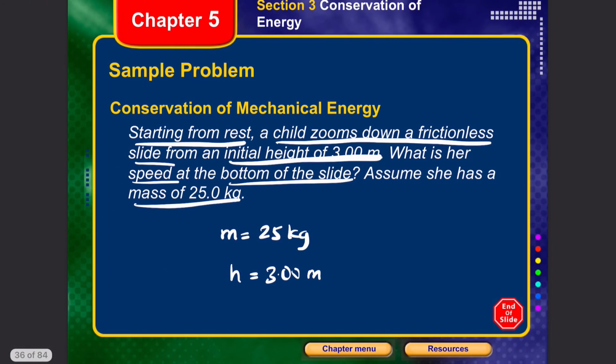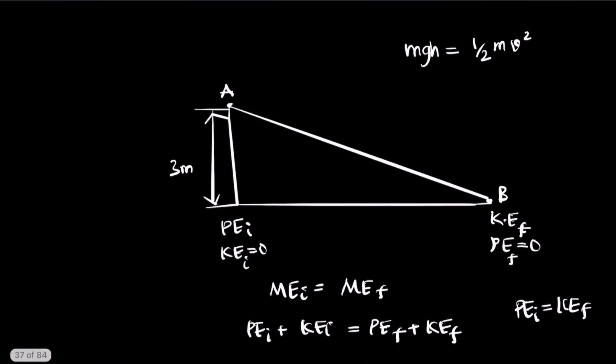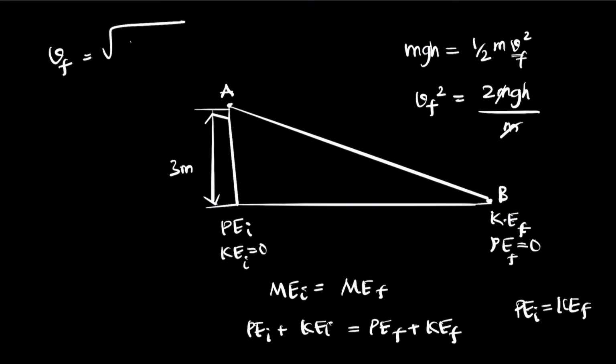Now she starts from a height of 3 meters and they're asking us to calculate the velocity, the final velocity. So from this the final velocity squared becomes 2mgh by m. So the m's get cancelled. So Vf becomes the square root of 2gh. So that becomes the square root of 2 times 9.81 times the height, which is 3 meters.